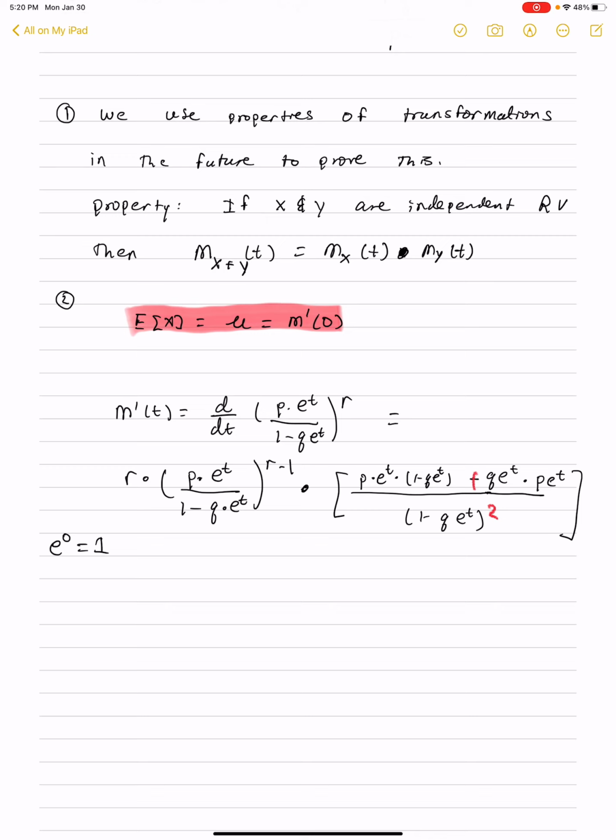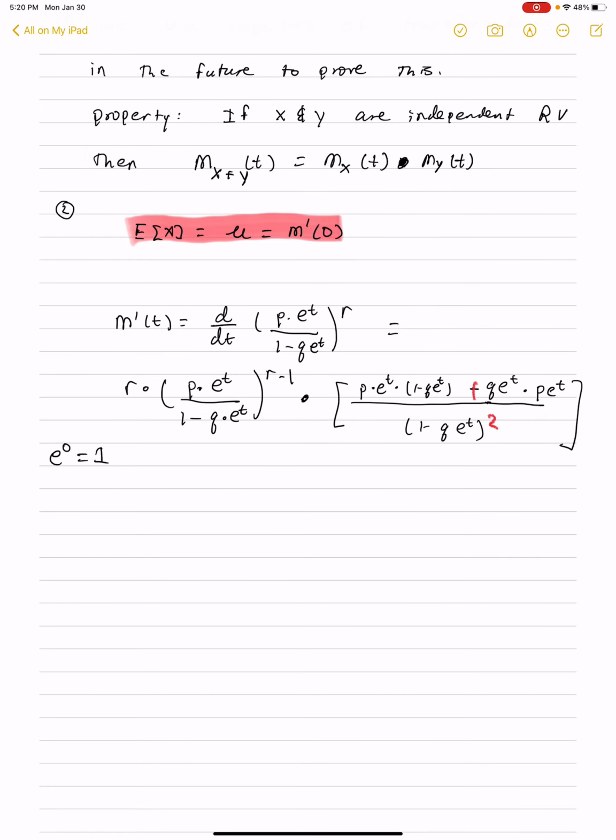Then we subtract the numerator times the derivative of the denominator, but there's a double negative coming, making this a plus. So plus q e to the t, because the derivative of 1 minus q e to the t is just minus q e to the t, the negatives cancel. So we get plus q e to the t times p e to the t, and we square the denominator.